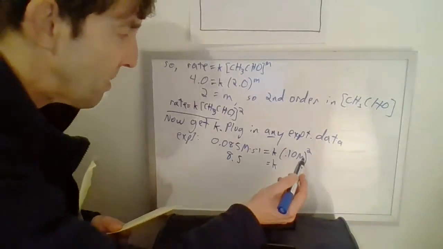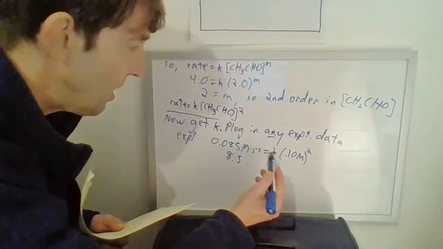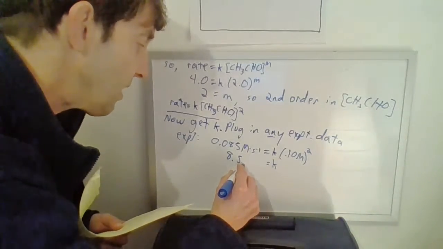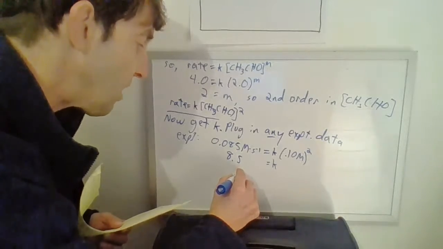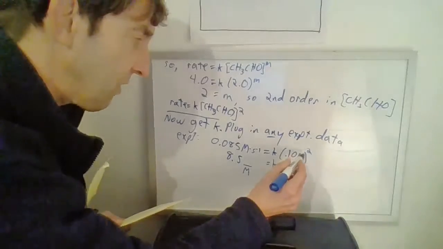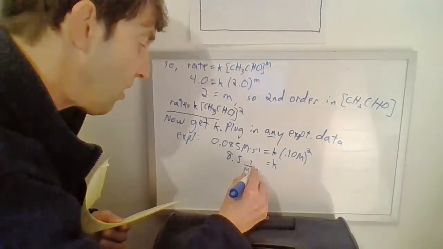Okay, so what happens here? This is squared, so is the label. So one of these goes, but I got to divide by it. So it's sort of like the moles per liter is down here, the one that's left over. You know what I'm saying? Because I got to divide by moles per liter squared. And the seconds is down there as well.